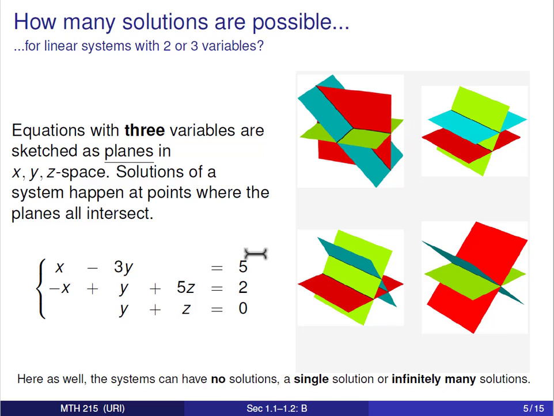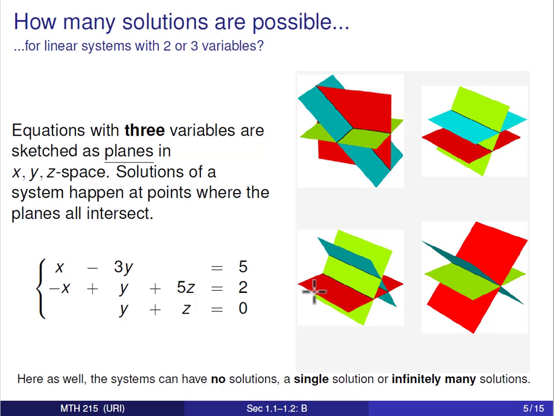Similarly, when we saw our examples of equations with three variables sketched as planes in XYZ space, we saw that in some situations you might have three planes that all intersect in a single point, in which case you would have a single solution. In full generality, you might run into equations corresponding to three planes that didn't ever intersect in a single place.